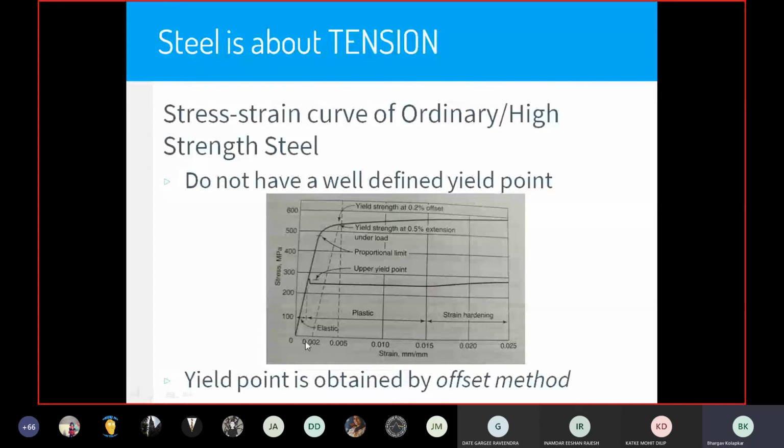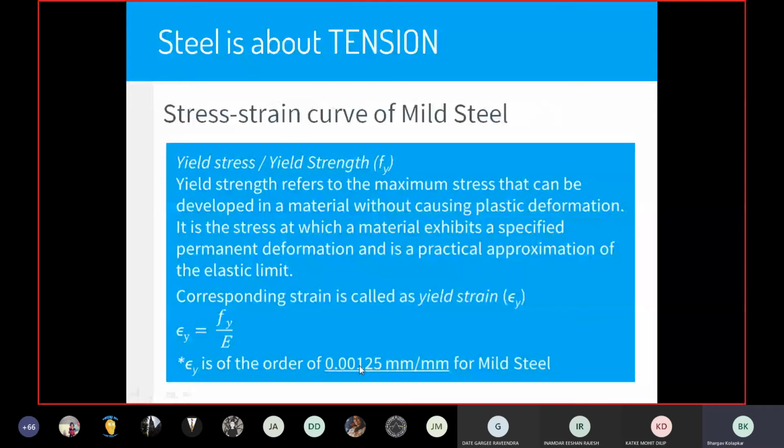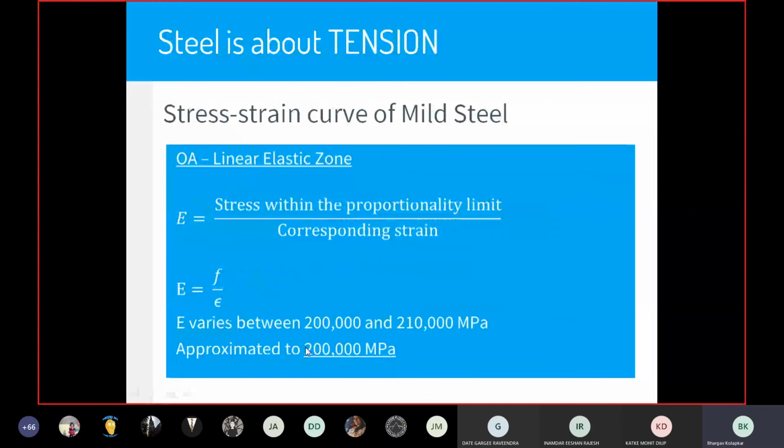But the slope, or the stiffness, or the Young's modulus is the same for both of these types of steel. So irrespective of the grade of steel, you can assume the value of E to be 2 into 10 to the power 5 megapascals, or 2 lakh megapascals. These values might be different, but their ratios will always remain the same. And that is a very useful and important property that steel exhibits.